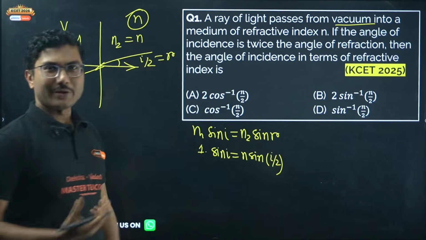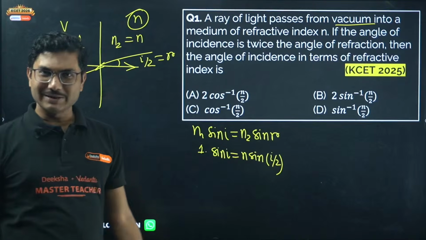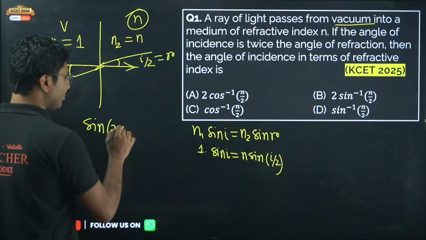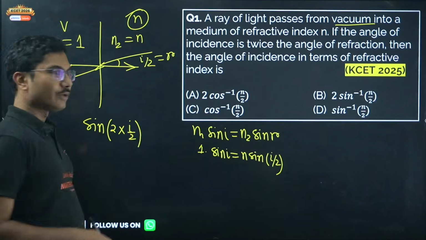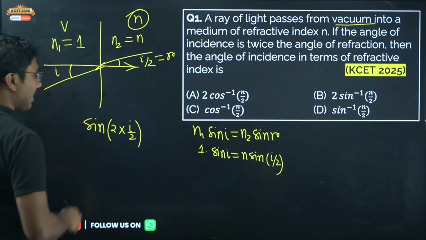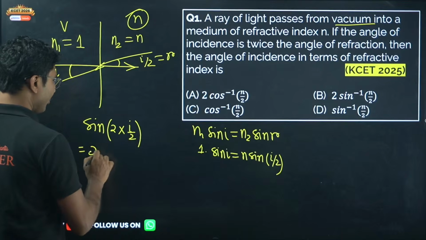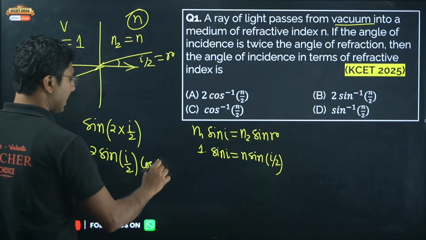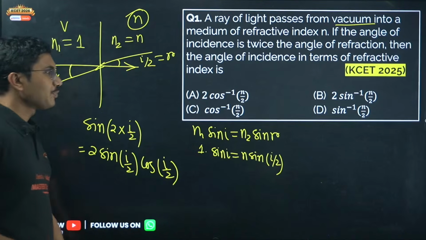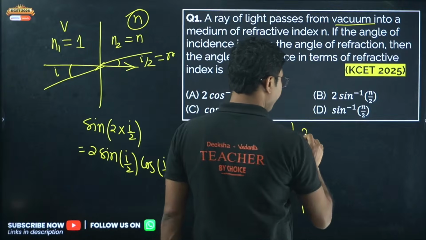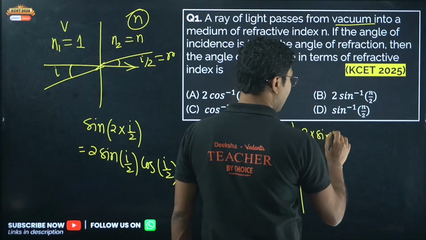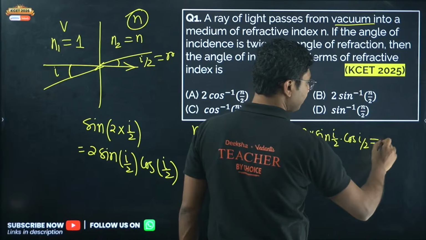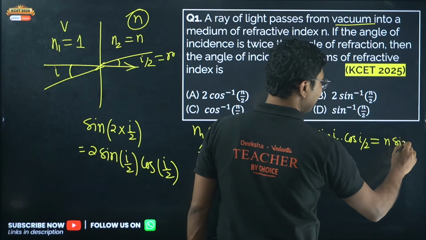Now, if there is sine I by 2, we have to use the sine 2 theta formula. We write sine I as sine of 2 into I by 2, so we can write this as 2 into sine I by 2 into cos I by 2. Now let us write that over here: 2 into sine I by 2 into cos I by 2 equals n sine I by 2.